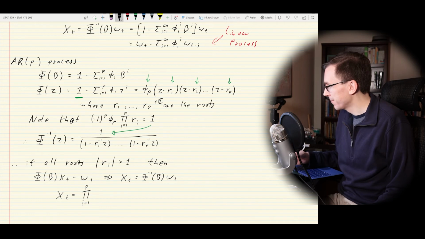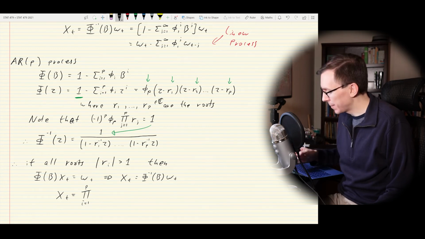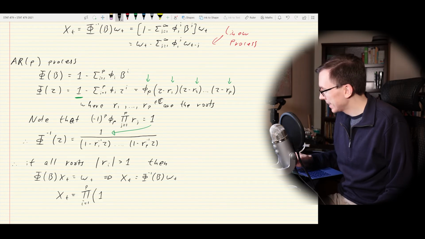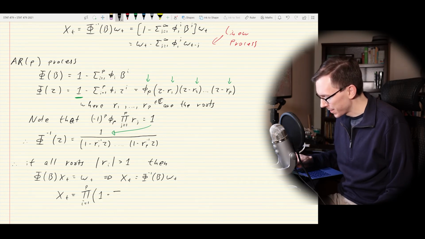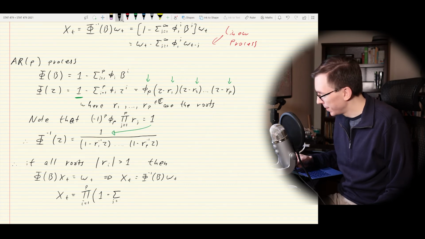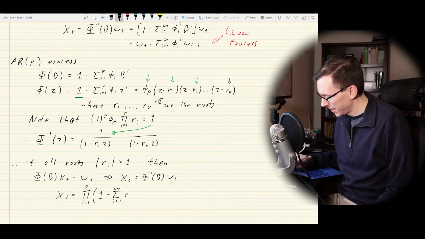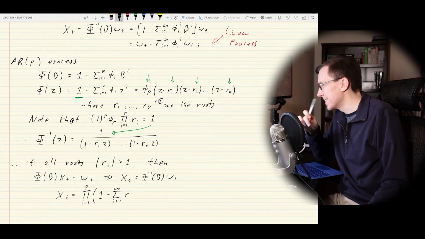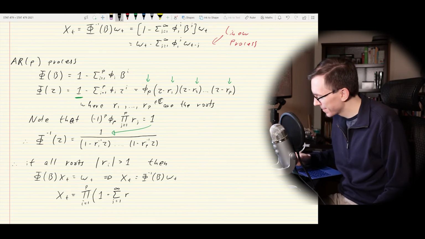There's a typo in my notes, and I'm going to have to correct that. It's just an omission, because what we're going to do is take j from 1 to infinity of r. Let's see, what are we doing here? Yeah, this whole equation needs to be fixed.